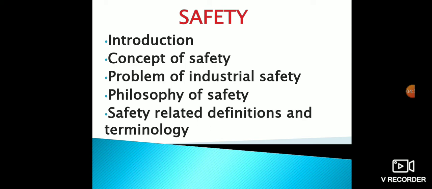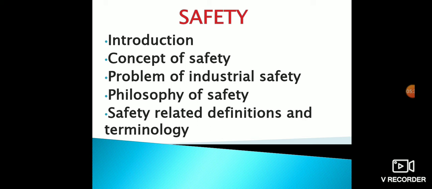We will discuss it in problem of industrial safety. Then we will discuss the classification of industrial safety, different industrial problems like past problems, future problems, technical problems, managerial problems, physical problems, psychological problems, human problems, economical problems, legal problems, and unit level problems.